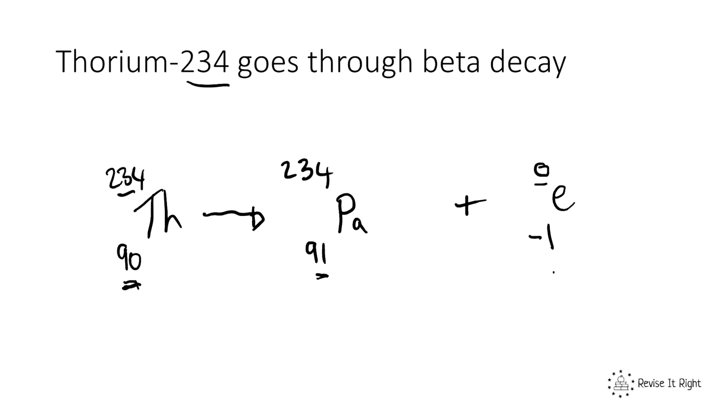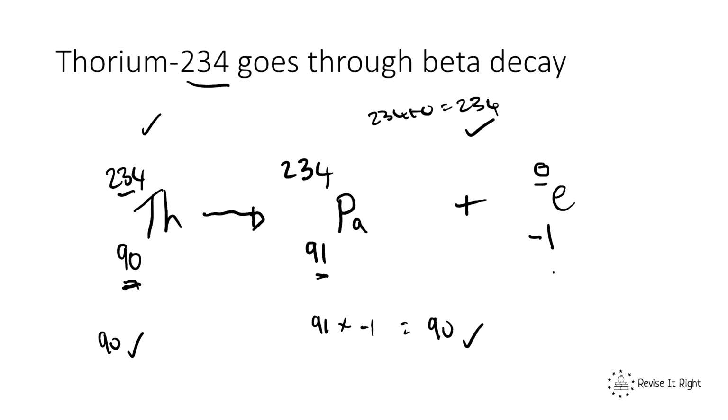Our mass is 234 on this side, and 234 add 0 is 234 on this side, and our atomic number is 90 on this side, and then 91 plus -1 equals 90 on this side. So it is the same, and that is how we do our nuclear equation for beta decay.